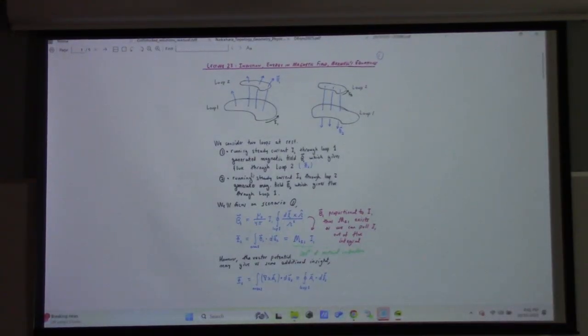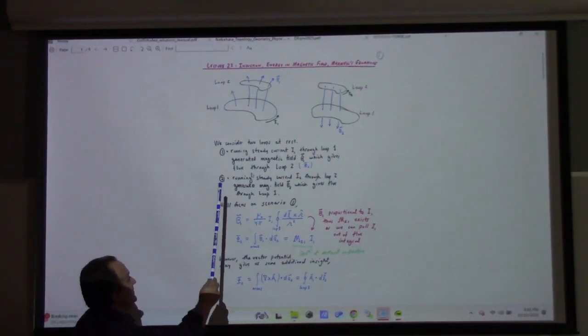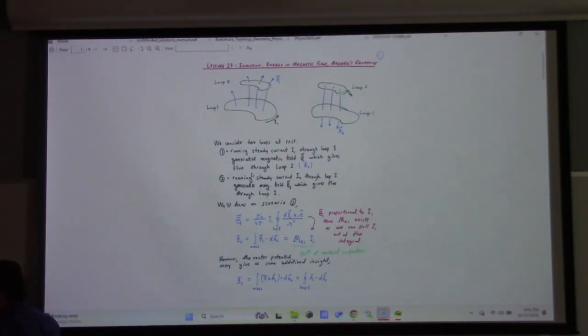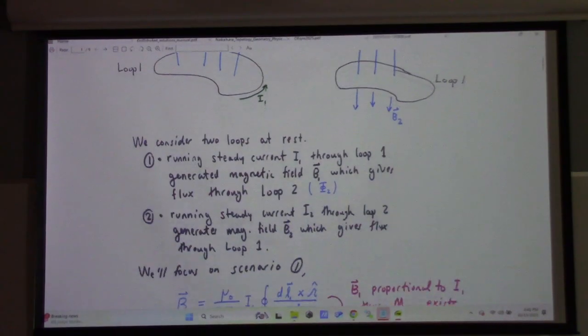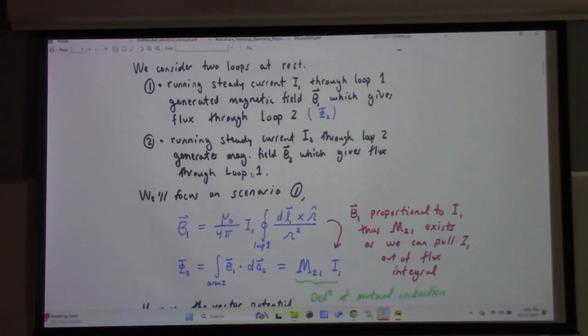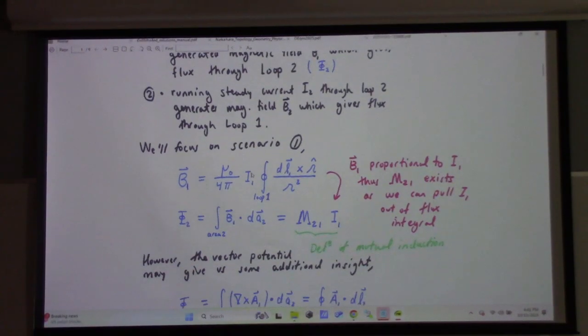So the basic idea is that if you've got a current in one loop, then it creates a magnetic field through another loop. If we focus on scenario 1, a current flowing through the first loop gives a magnetic field through the second loop.